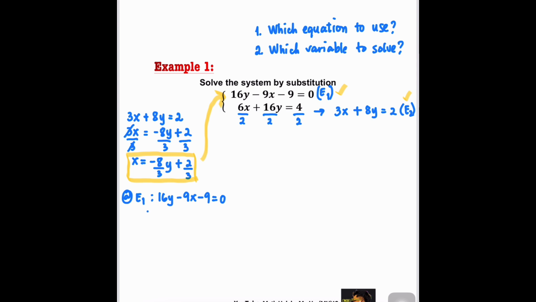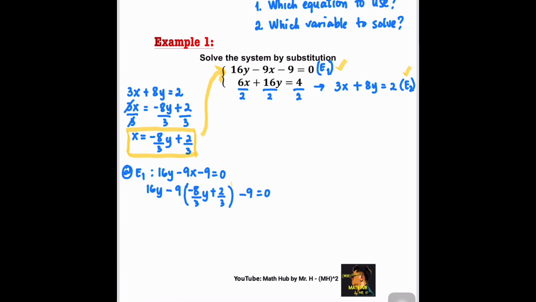So we copy 16y minus 9, and x will be replaced by negative 8 over 3 y plus 2 over 3, minus 9 equals 0.